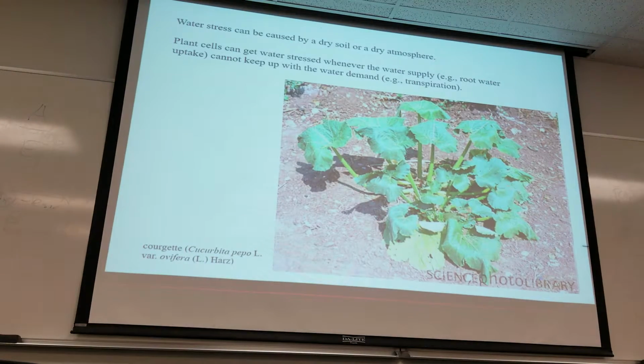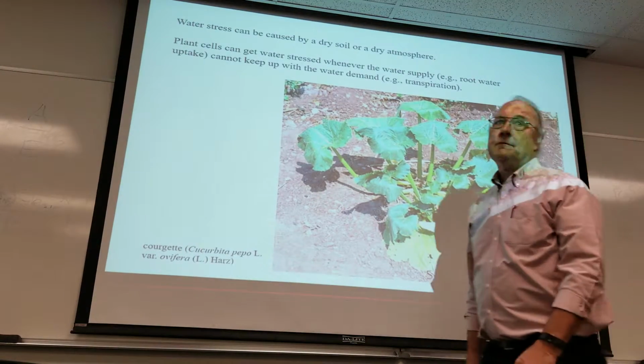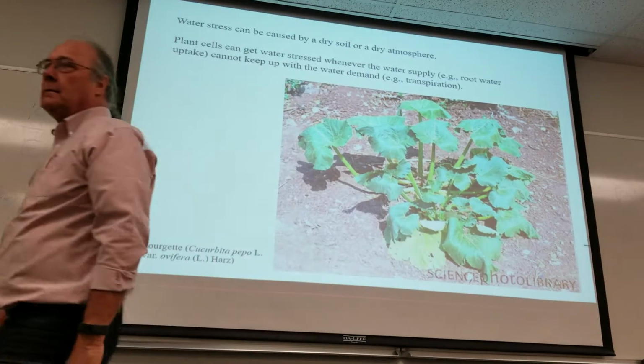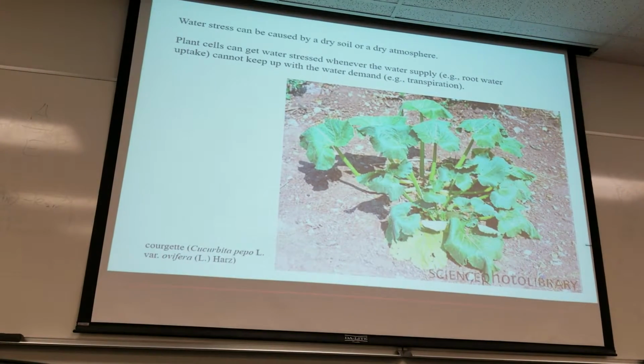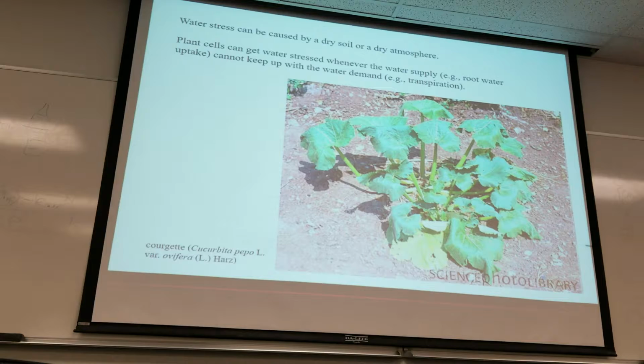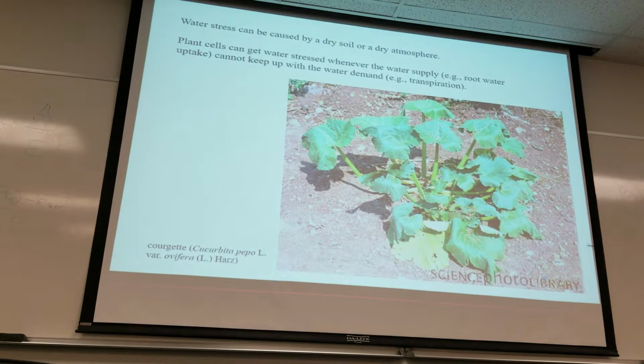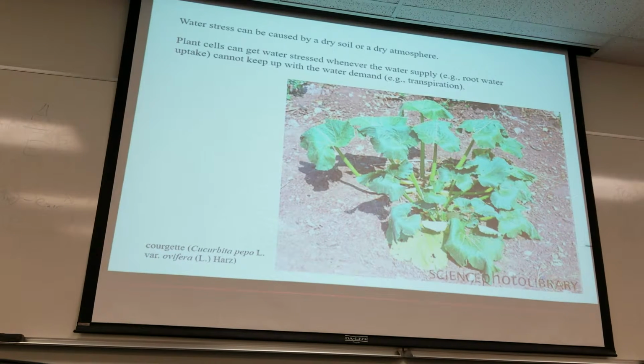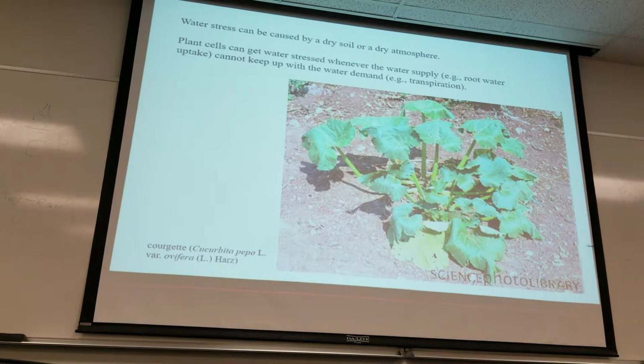Okay. Let's talk about water stress effects on stomatal conductance. One of the first things that happens when plants get water stress is cells stop expanding in the leaf. Good answer. Cell expansion is affected.